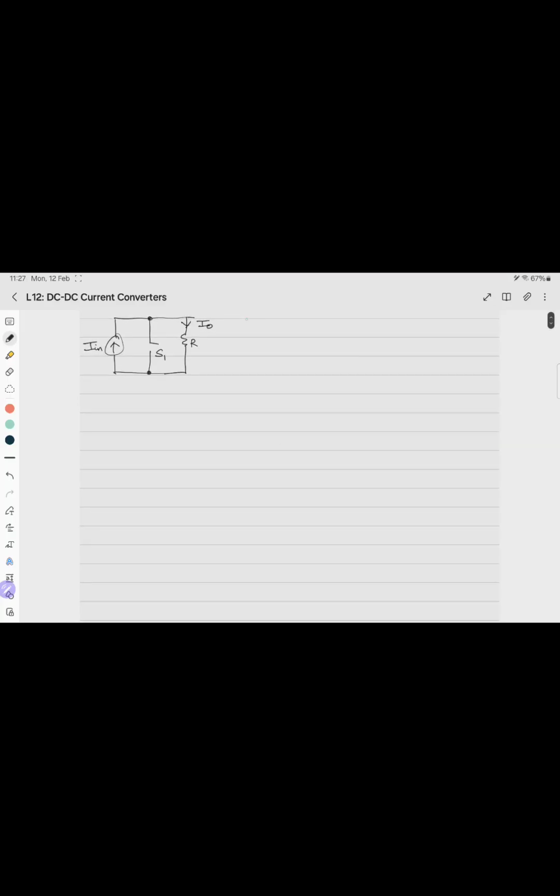If we draw the waveform of S1 versus time, the current I naught will be 0 when the switch is on, else it will be I in. This is I in versus 0. Let's say this is D times T switching.